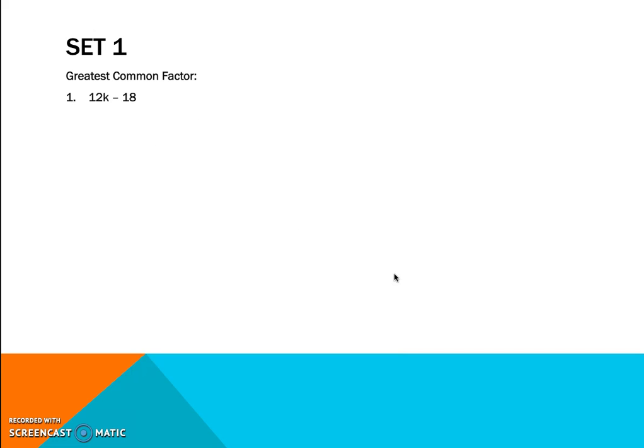So number 1 on the factoring refresher page of your notes is 12k minus 18. We want to first find the greatest common factor of 12k and 18. So what numbers go into both 12 and 18? Well, 1, 2, 3, and 6 go into both.